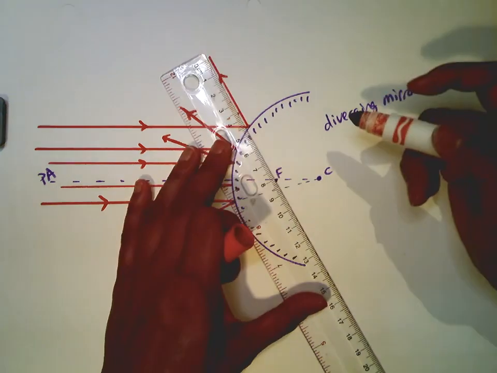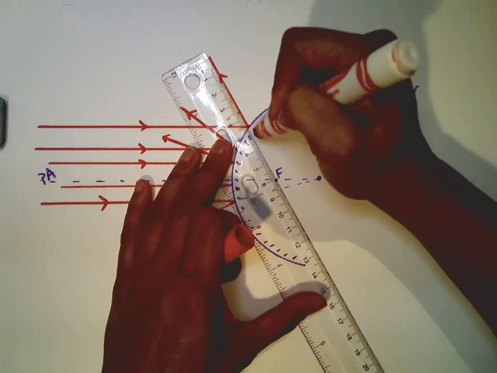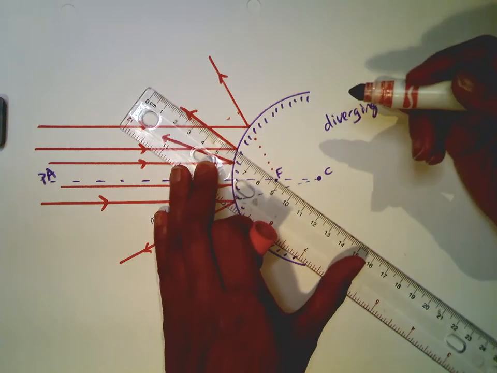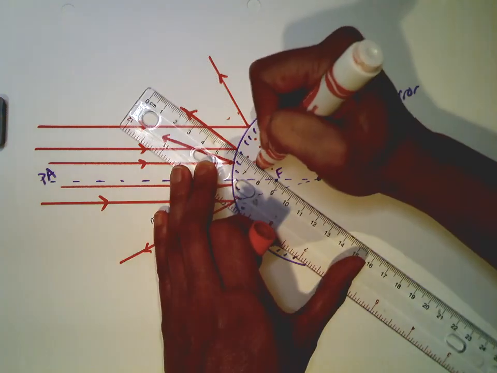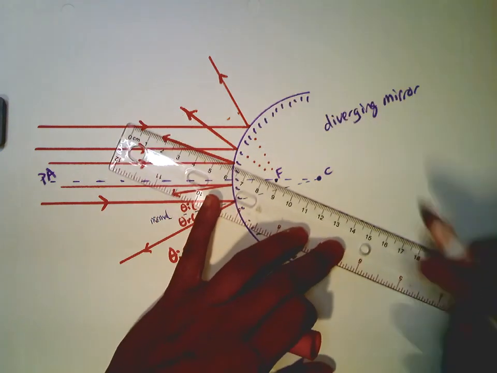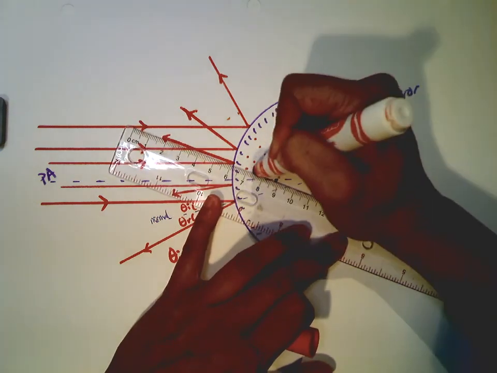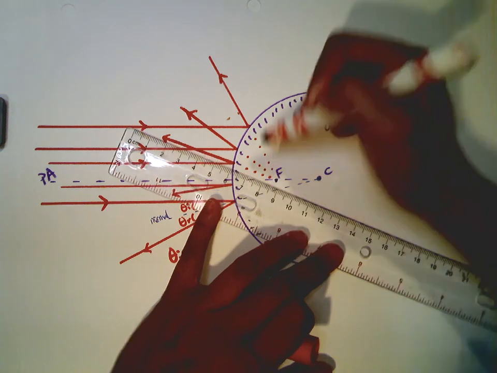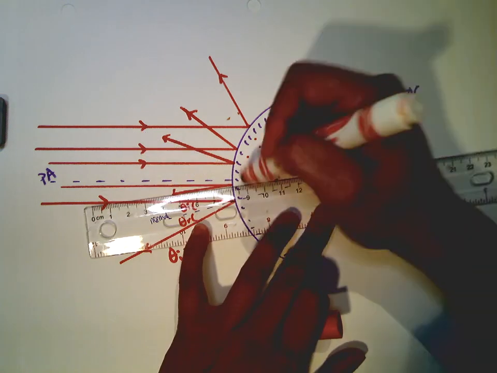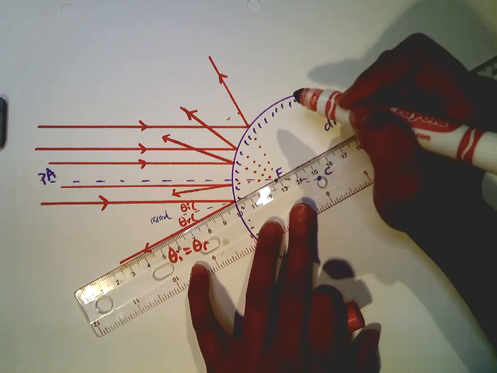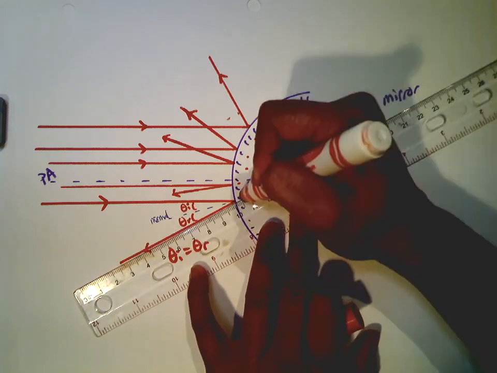And if you actually draw the dotted line back, it does look like that, doesn't it? So I'll just draw dotted lines back, as you can see. I'm lining up your reflected ray back to the focus, like so. And let's do this one. Yeah, let's do that one.